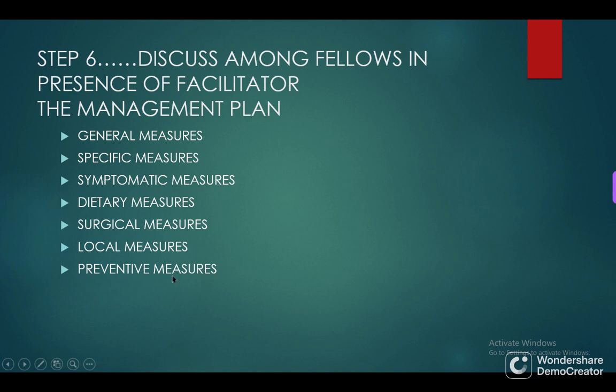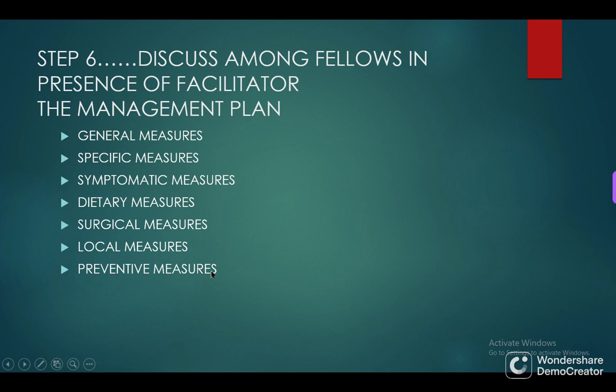The preventive measures: because these cases who have got valve involvement, by any cause, are prone to develop infection with streptococcus, you give these patients prophylactic therapy for the streptococcus, that is penicillin, benzathine penicillin.